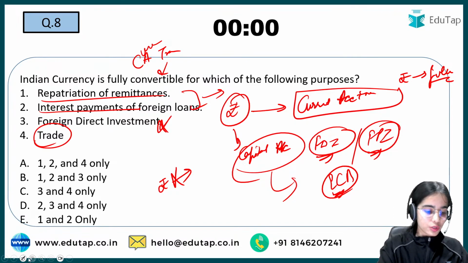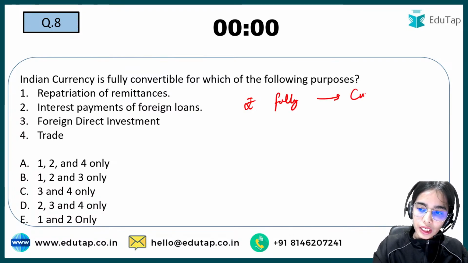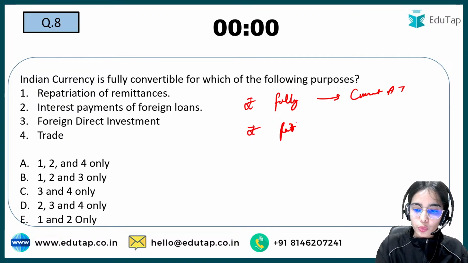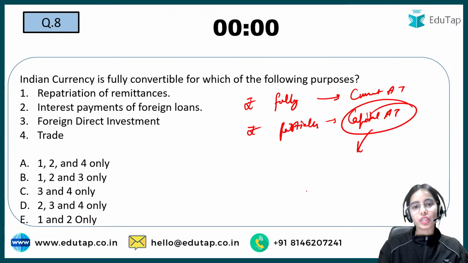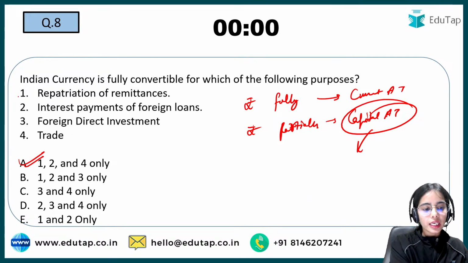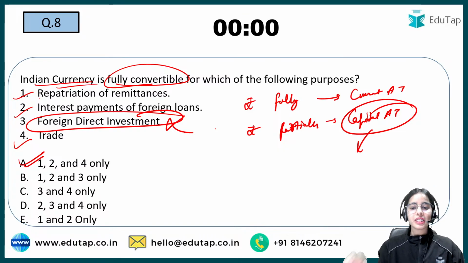So the rupee is fully convertible for current account transactions but partially convertible for capital account transactions, where there are many limitations. Here the answer is A, which is absolutely correct: for 1, 2 and 4 the Indian currency is fully convertible. For foreign direct investment, the Indian rupee is partially convertible.